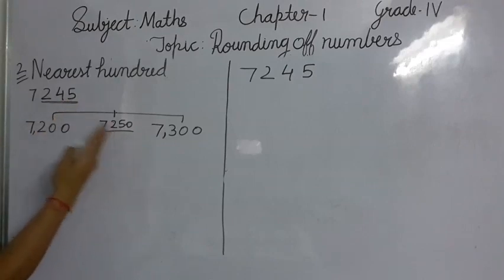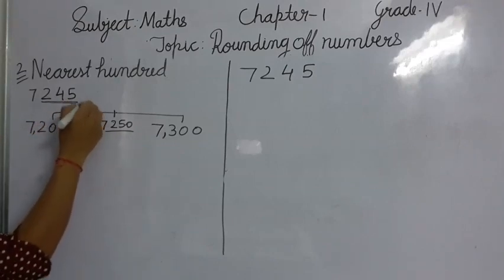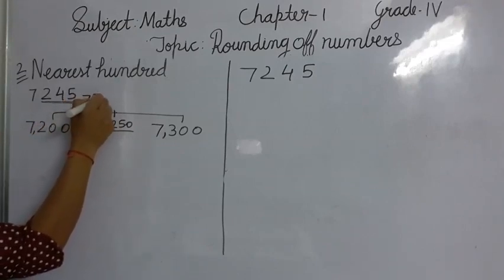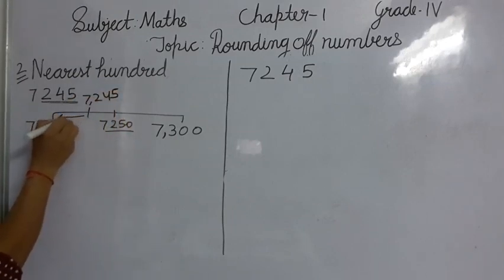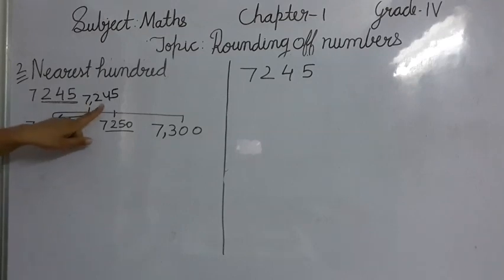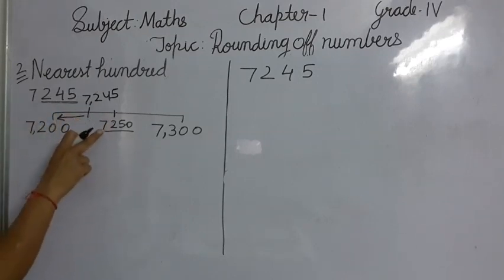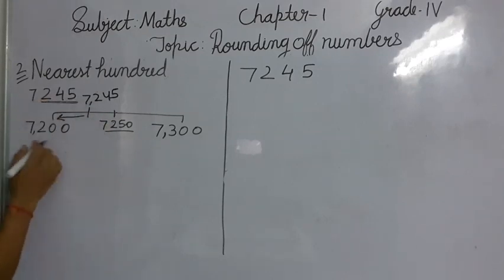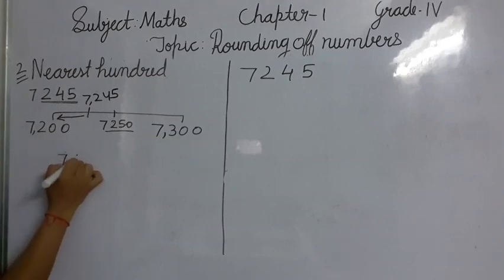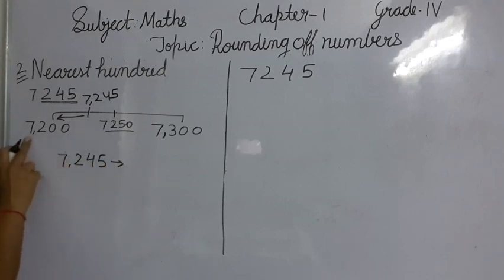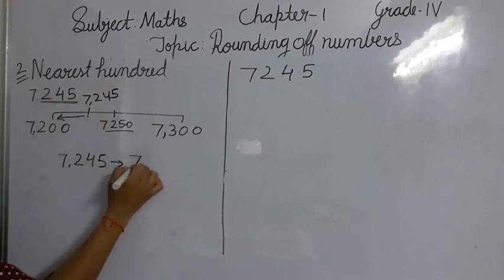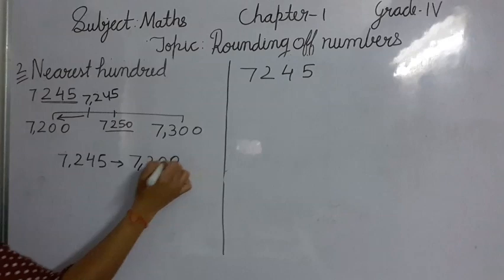So 45 comes before 50, so it will come here. It means it is closer to this number. So we can say the rounded number of 7245 to the nearest 100 is 7200.